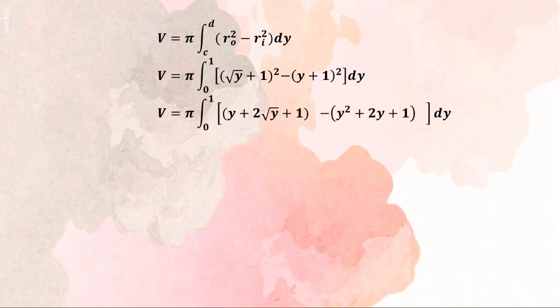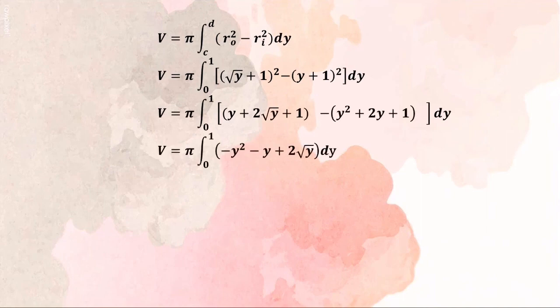Since the problem is parallel to the y-axis, we're going to use this formula. Just simply substitute the outer radius and the inner radius and also the intervals, then simplify. So you can still simplify this.